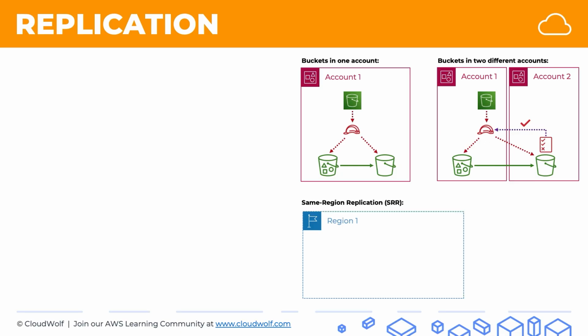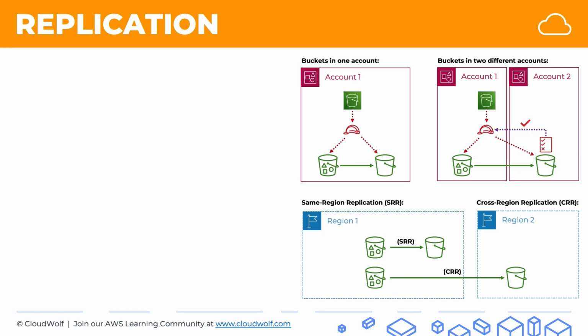Then also we need to know about same region replication. So whether you're replicating in one account or across two different accounts, replication can either be same region when both buckets are in the same region, or SRR for short, or it can be cross region replication, or CRR for short, when the two buckets are in two different regions.